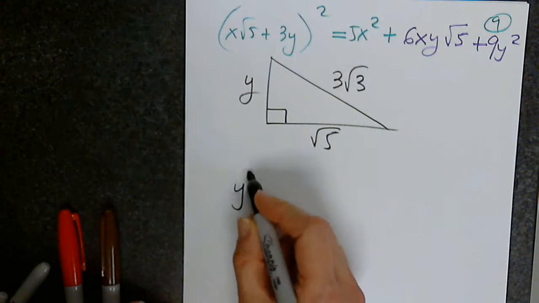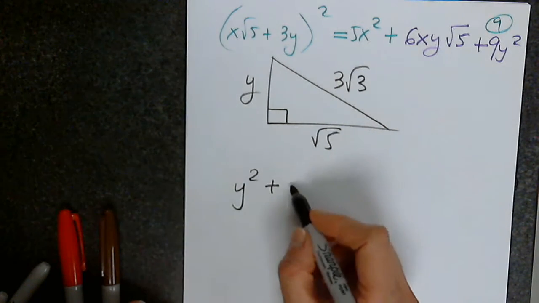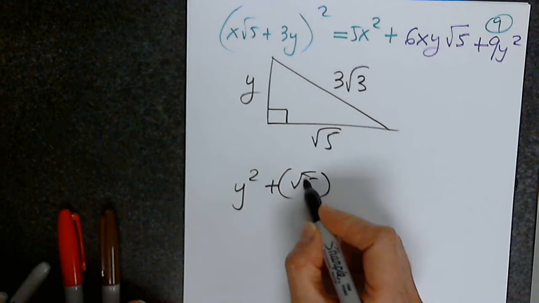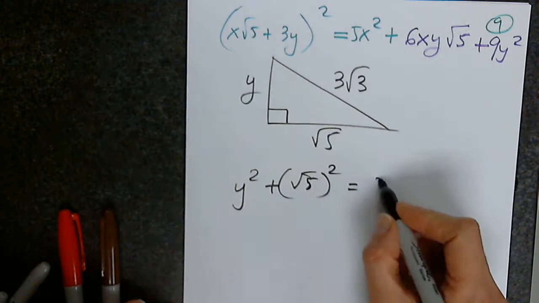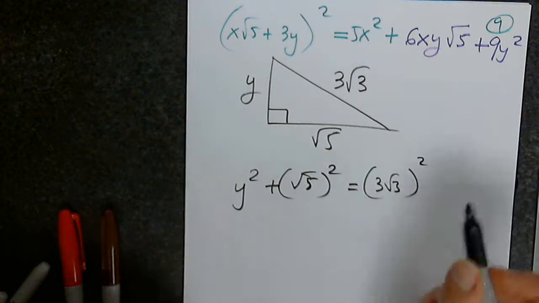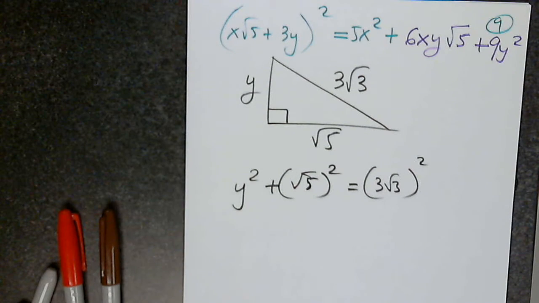y squared. Awesome. Plus the square root of 5 squared. Very good. Equals 3 squared. Very good. So the sum of the shortest sides, which will always be the legs, where the right angle is, always.